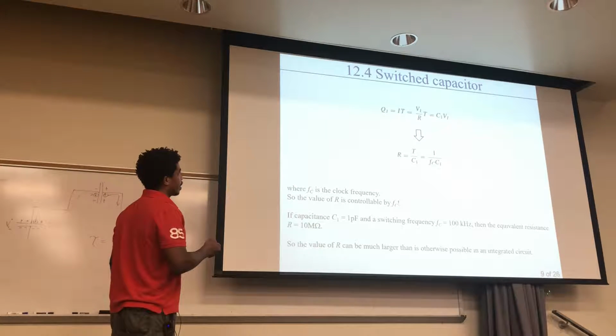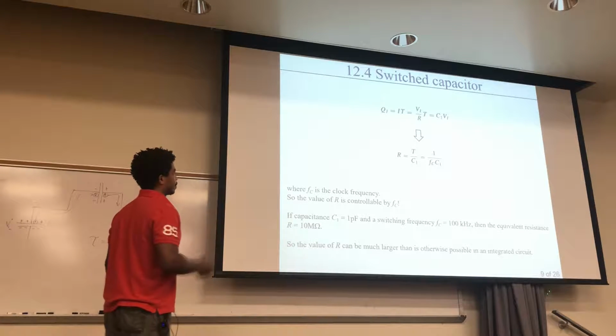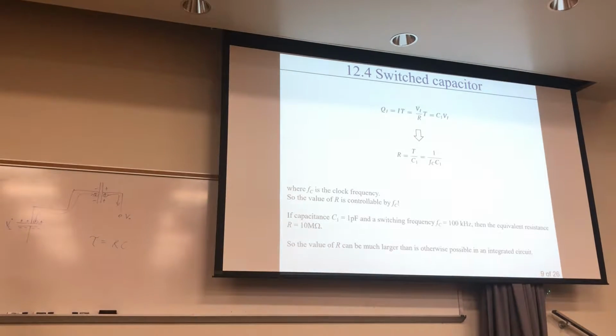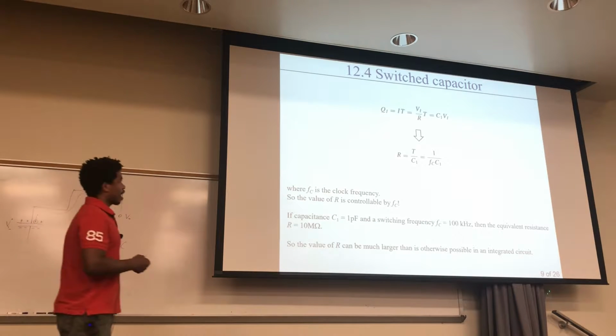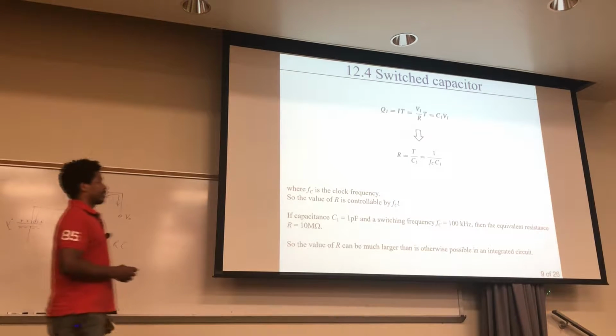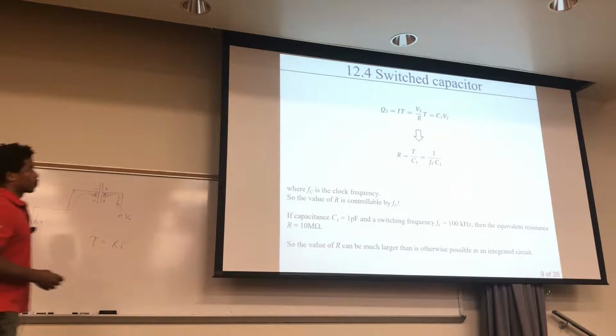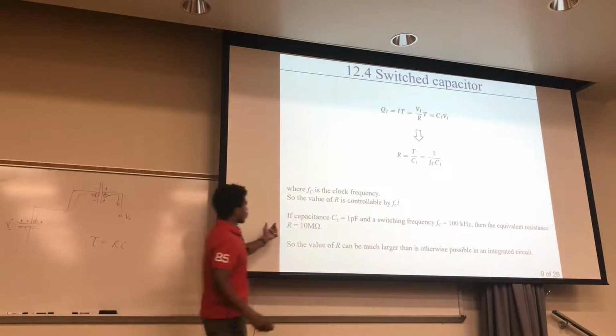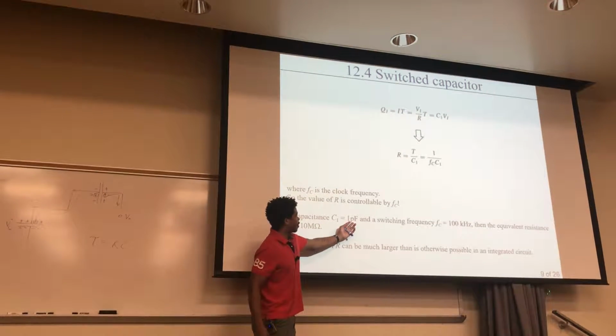And this period, your sampling period right here, can just be thought of as 1 over your sampling frequency, the frequency FC. So that's the clock frequency, and that means that you can control the value of R by controlling your sampling frequency of your clock. And here's an example we went over where maybe that's 1 picofarad for your capacitor, right?